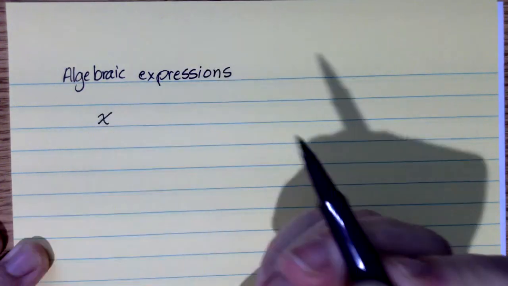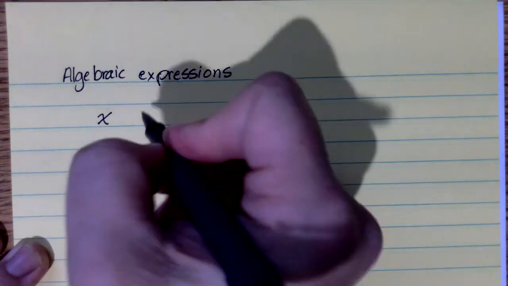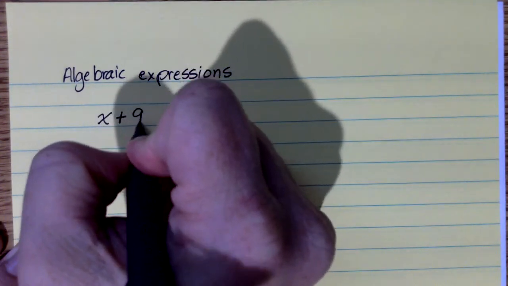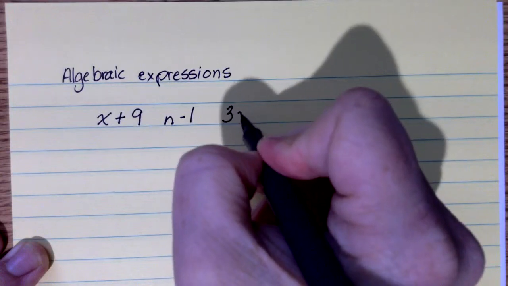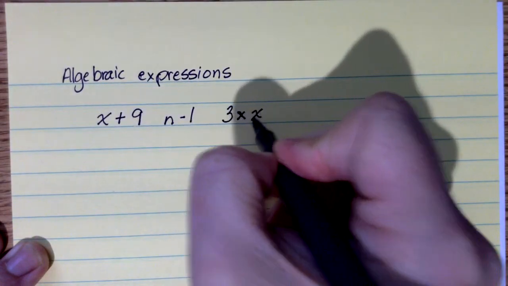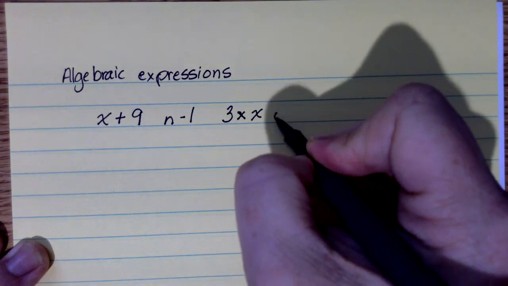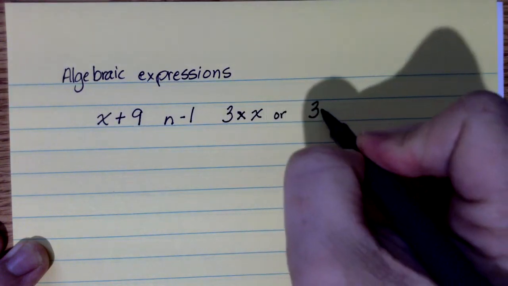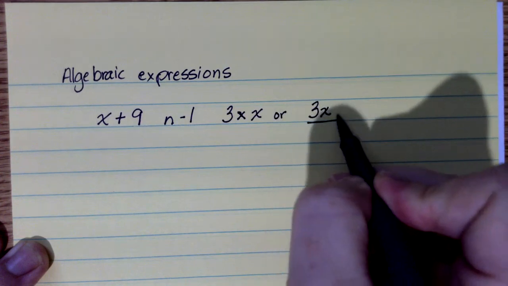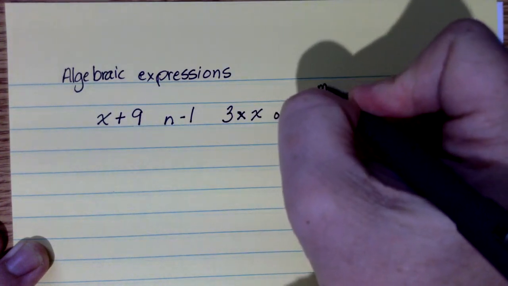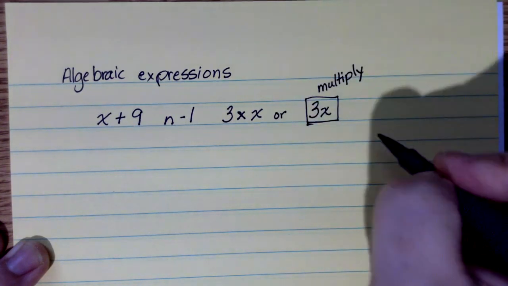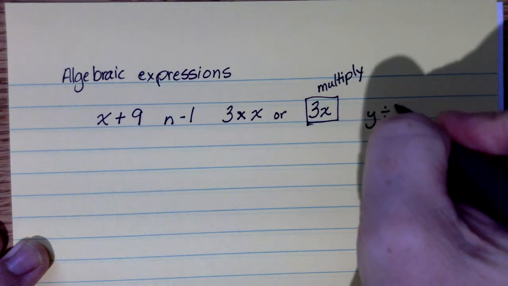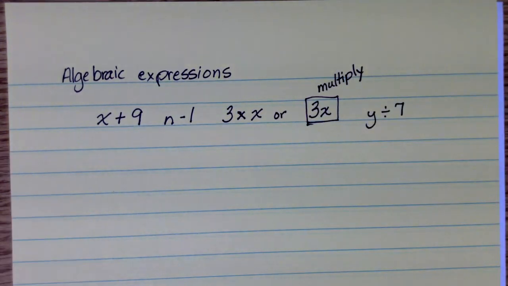It looks more like this. So it's x with kind of a little hook on it, plus 9, n minus 1, 3 times x, which is the same as 3x. So if you put this x right up next to the number, this means multiply. 3 times x. And then you might have something like y divided by 7. These are all algebraic expressions.